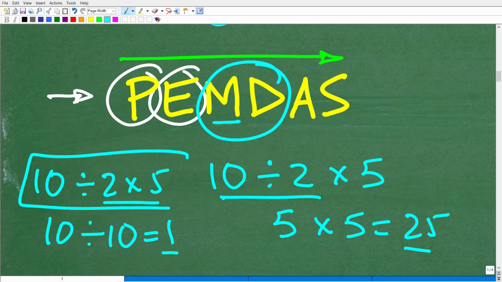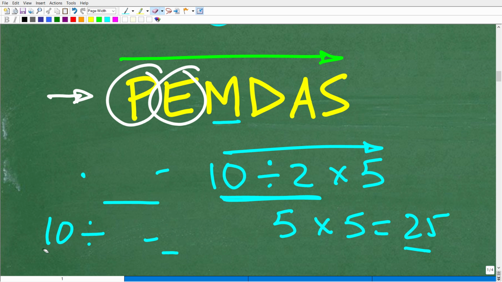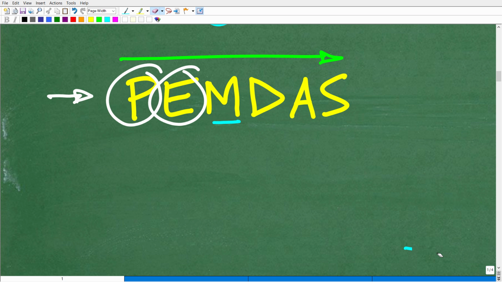Well, here you're taking the wrong step first, right? You're doing multiplication first because you have multiplication and division. That's the wrong step. We need to do division because that's what we see first from left to right. Again, if you understand this part of the order of operations, it will save you so many errors. It's not even funny. So that's what M and D stand for in terms of the order of operations.